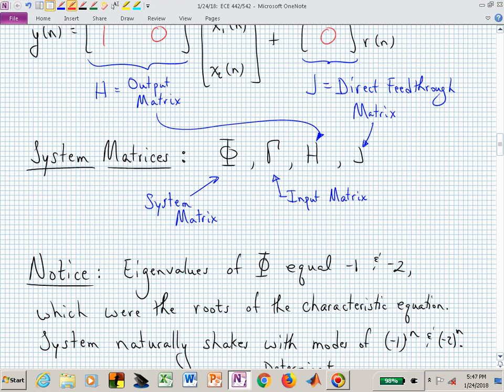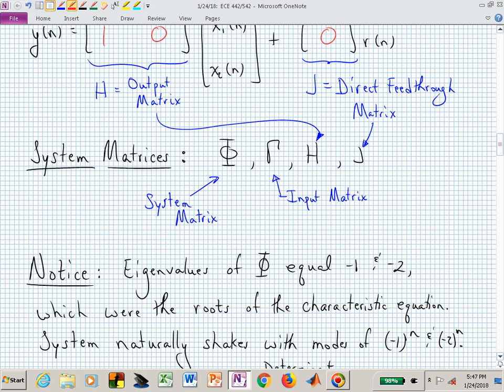When we found the characteristic equation from building up the solution of the homogeneous or the non-homogeneous, we came up with that same characteristic equation. And that's really, if you hit that system, either with some kind of input or a pulse, an impulse, that system naturally wants to shake at -1 and -2.